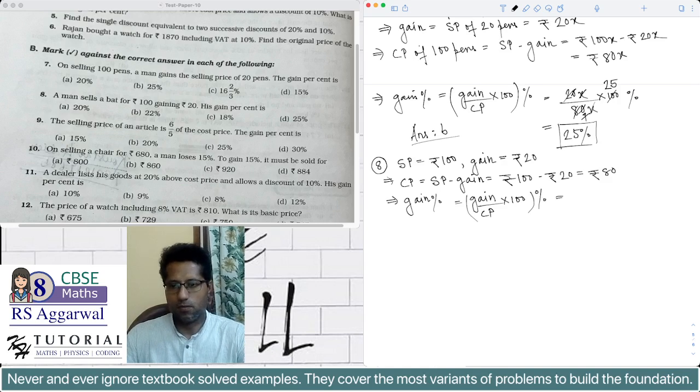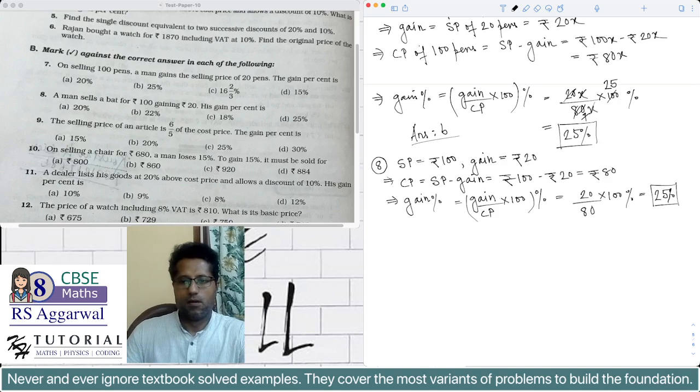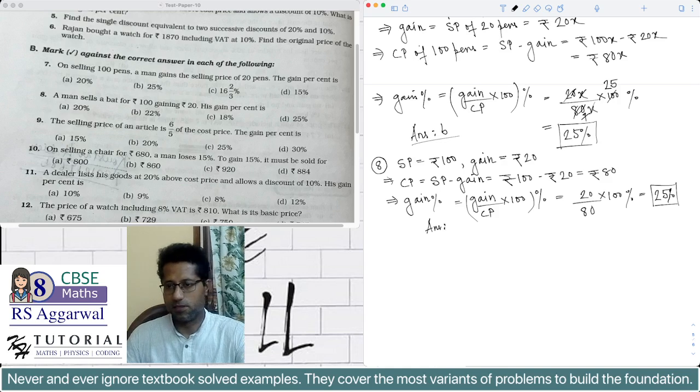This is equal to gain is 20, CP is 80, multiplied by 100%. So this must be equal to 25 as per the previous problem. So for 8, the answer is same, that is the gain percentage is same, 25%, and so the correct choice is D. D is the correct choice.